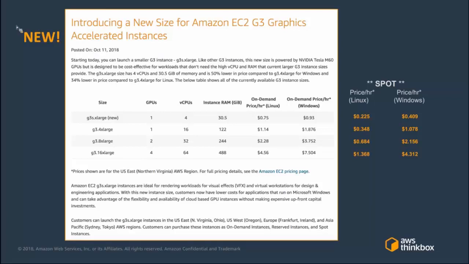That is a considerable saving based on where the 4XL was before. You still receive the GRID licensing and still use that as a workstation. It's still got the one GPU, one of the Tesla M60s. There's no reduction in the GPU capabilities whatsoever. It's a case of reducing the CPU and the RAM to deliver an even more cost-effective instance for you.